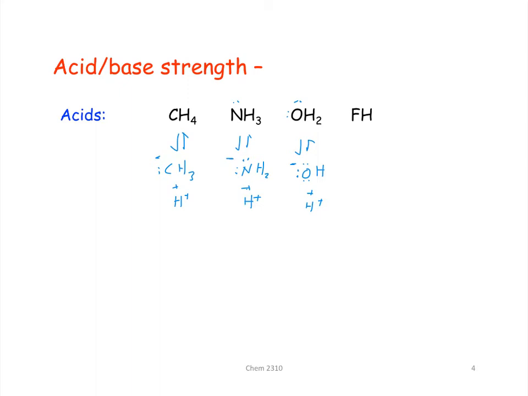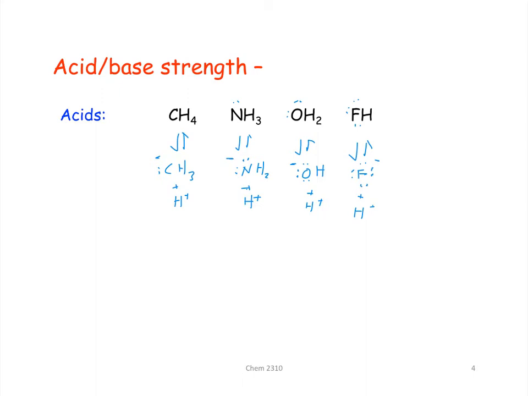Yes, that's hydroxide. We know that one. Okay, and so then HF, hydrofluoric acid. Fluorine already has 3 pairs. So fluoride will have 4 pairs and a minus charge plus H+.